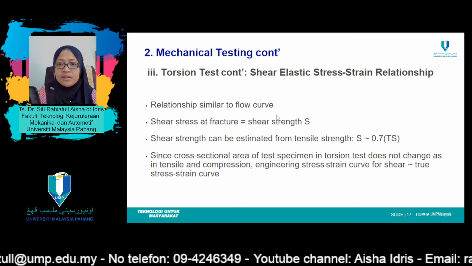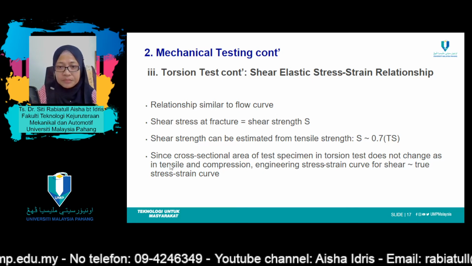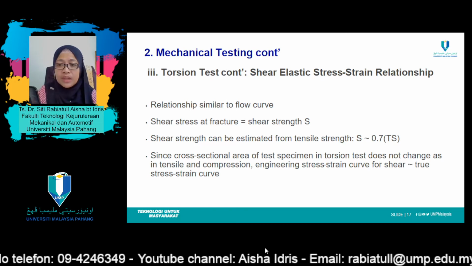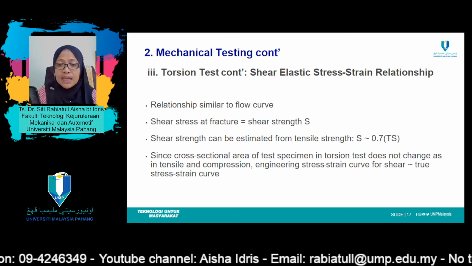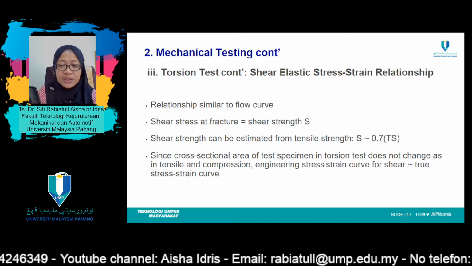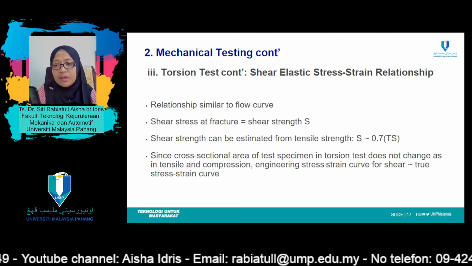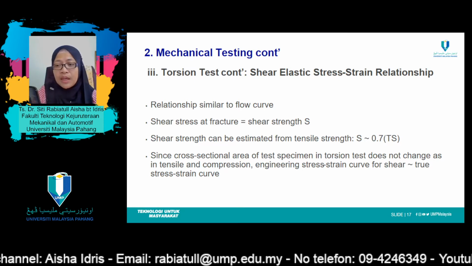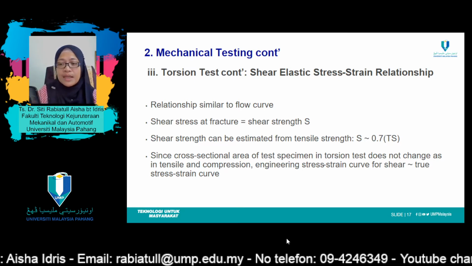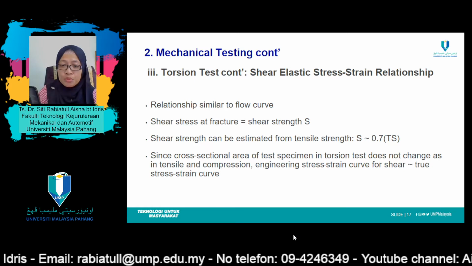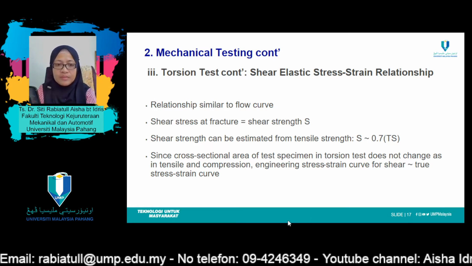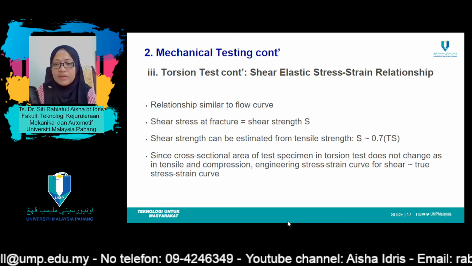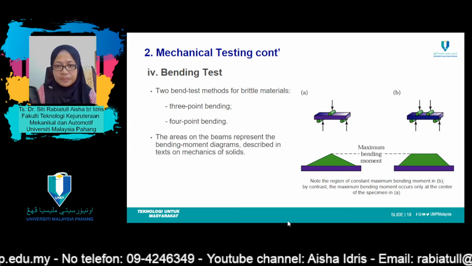Since the cross-sectional area of the test specimen in a torsion test does not change, unlike in tensile and compression tests, the engineering stress-strain curve for shear can be translated into a true stress-strain curve. So it is slightly different from the stress-strain curve in tension.